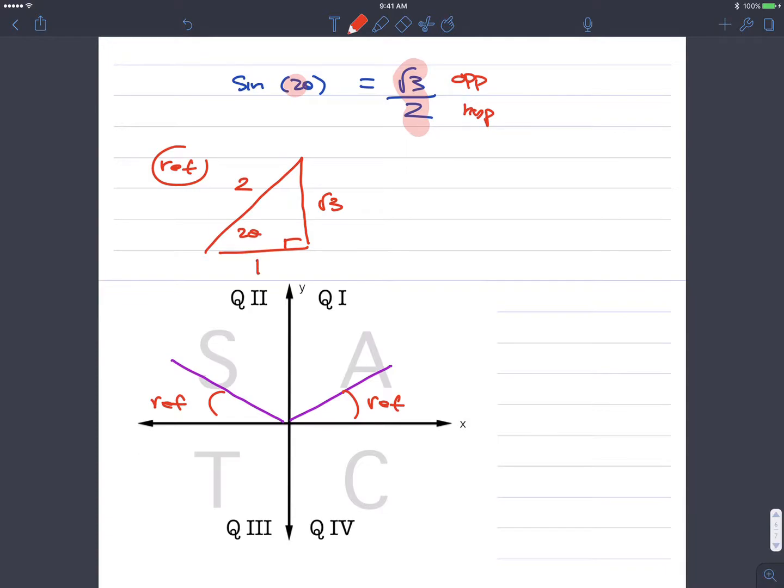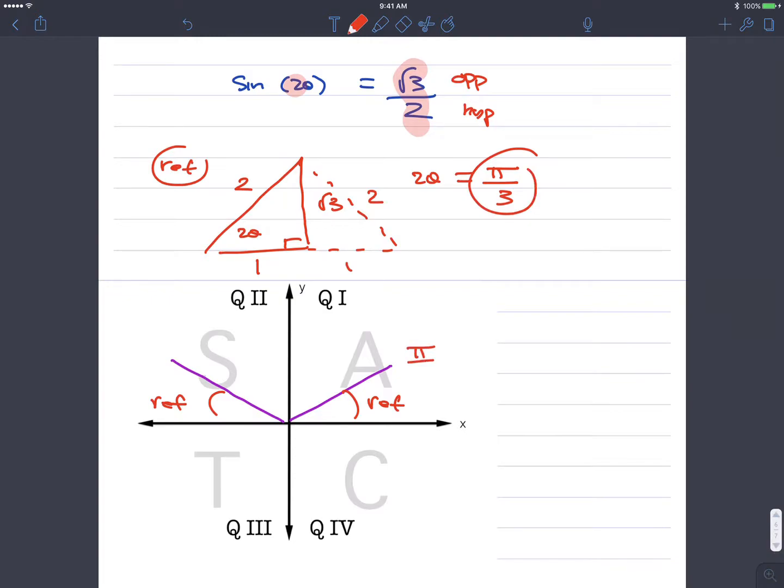Well, looks like it's 1. Does anybody want to tell me what 2 theta has to be then? Isn't 2 theta 30 degrees? Isn't that a special triangle? Is it 2? No, what's 2 theta? 60 degrees. Look at that. Here's my equilateral triangle. Okay, pi over 3. Good. Here's my reference.